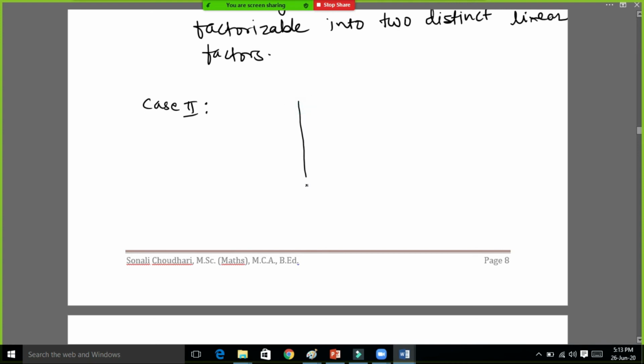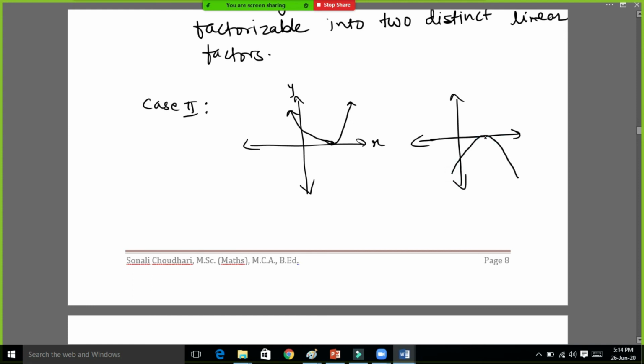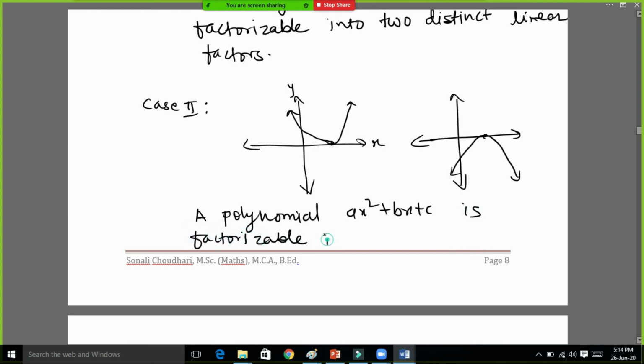Whenever your parabola intersects or touches the x-axis at a single point, as in both these graphs, we can say that the polynomial ax square plus bx plus c is factorizable into two equal factors.